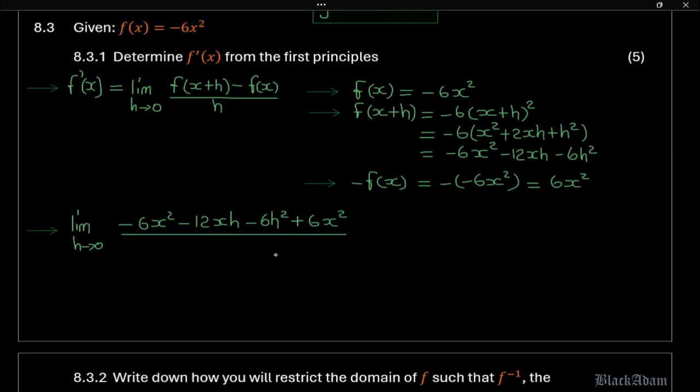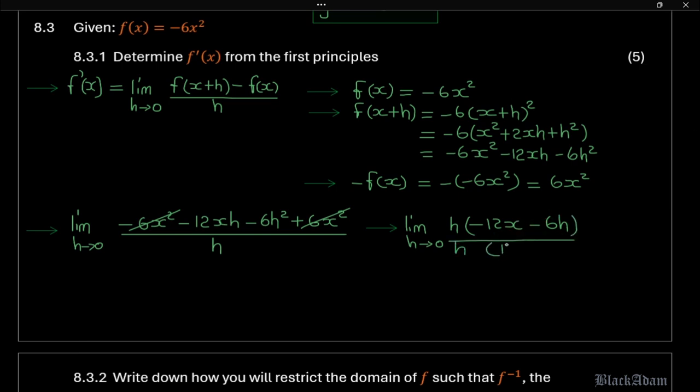All that over h. So the negative 6x squared cancels out, and then we factor out the h, so it's the limit of h in bracket times negative 12x minus 6h, all over h.